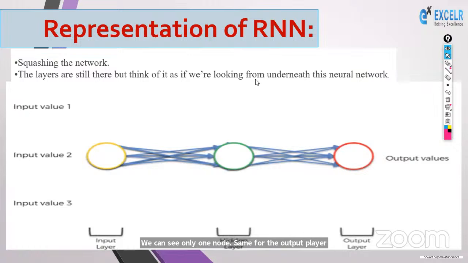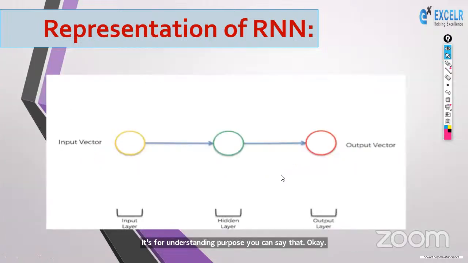Yeah, Mohit, for understanding purposes, you can say that, right? So if you squeeze it completely, it will look like this. Just squash it, and if you see from the front, you can only see one node of the input layer, one connection, one node of the hidden layer, one connection, and one node of the output layer.